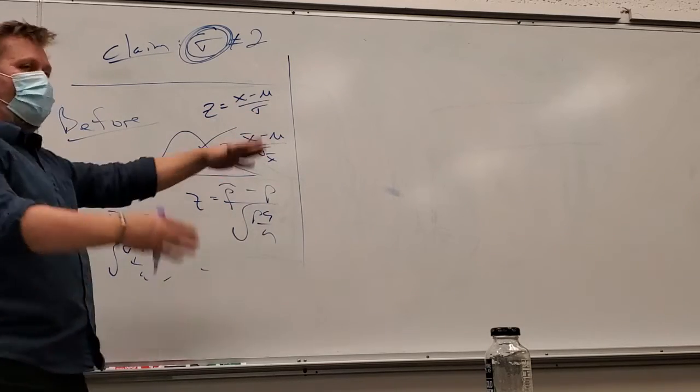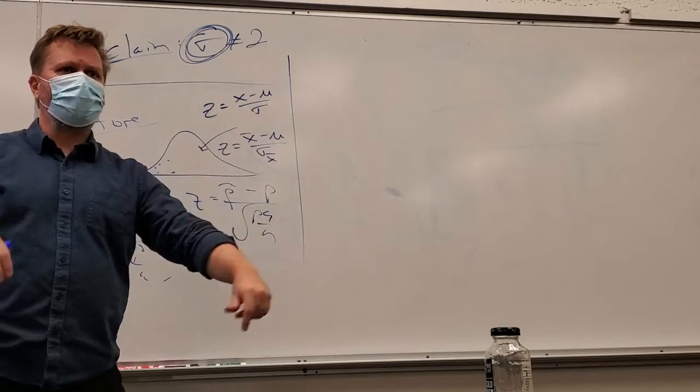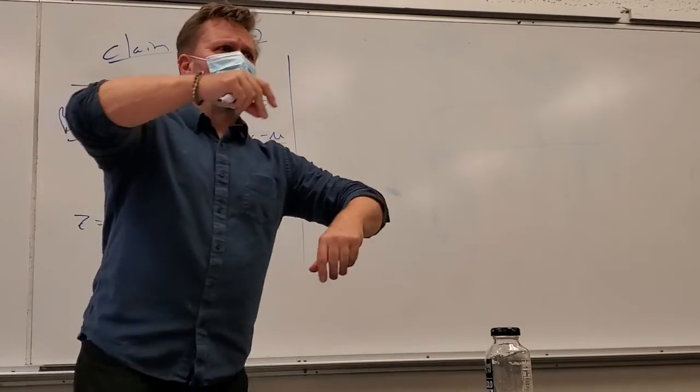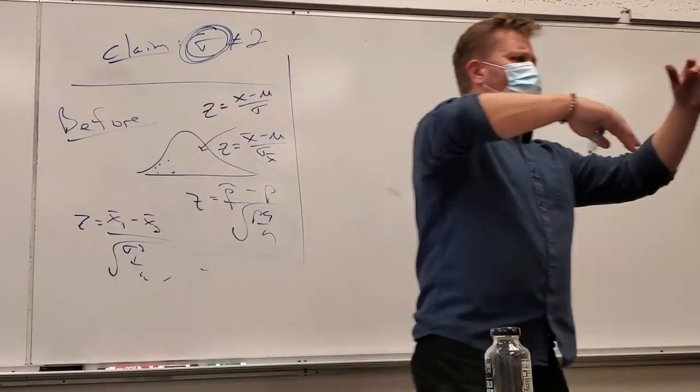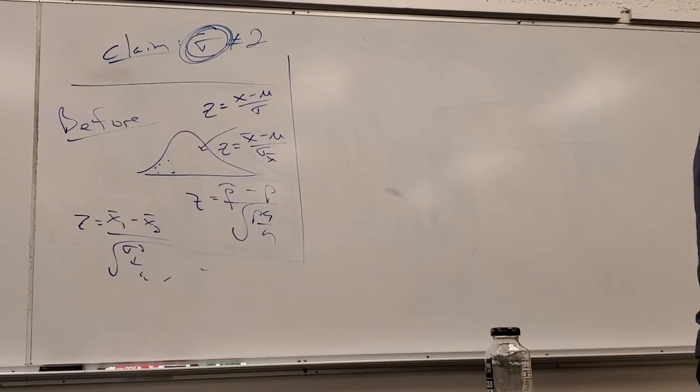I know exactly where it falls in the picture, no matter if it was a mean, a life expectancy, or the percentage of people that like pumpkin pie before turkey. Once I make a z-score, it doesn't matter what it was at first. I can compare it to whatever else I want.